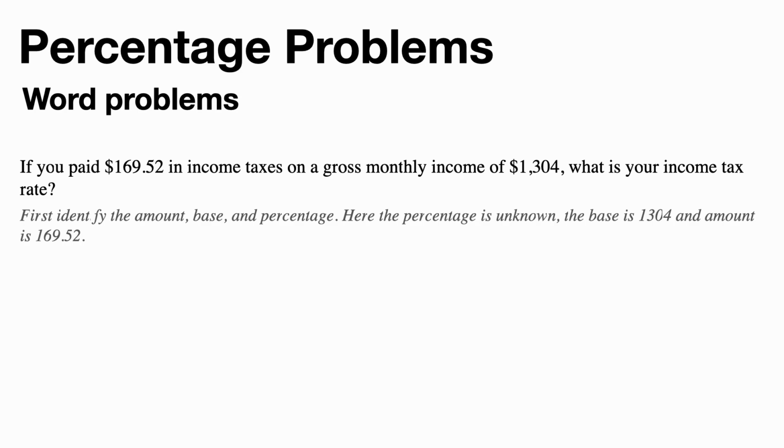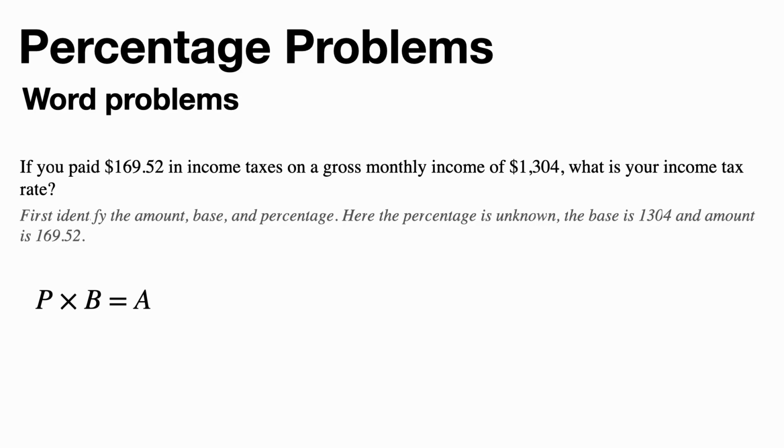Okay, so let's look at our equation. Percentage times base equals A. So what is the percentage? What is the base? What is the amount? Well, we're looking for the percentage, so that's what's unknown. What is the base? This is where my is and of kind of comes in, and it says gross monthly income of 1304.